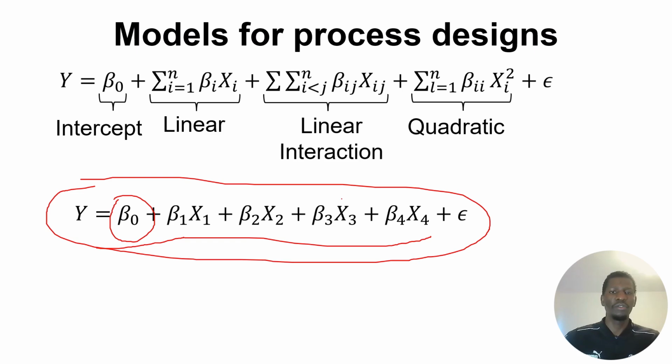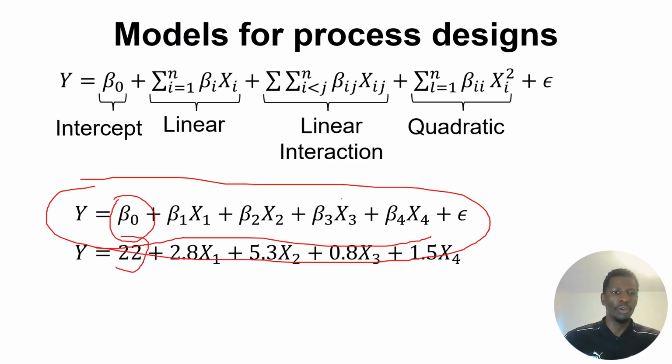So if you have more than four factors, you would treat them independently using the linear model so that you can identify which of the factors significantly affect the response, so that in the course of developing the quadratic model, you can select those factors that significantly affect the response and then continue from there.